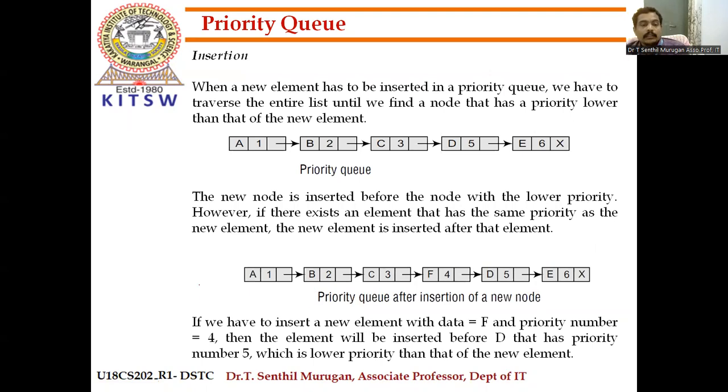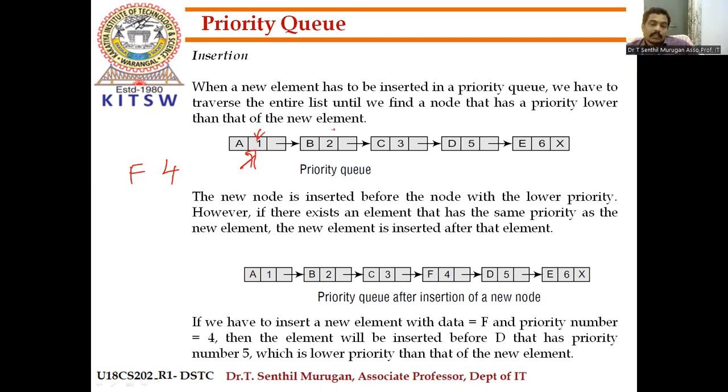Okay. So how can we insert an element in the priority queue? Whenever a new element has to be inserted in the priority queue, we have to traverse the entire list until we find a node that has a priority lower than that of the new element. First we will check what the priority is. Suppose I insert the element F with priority 4. So what do I have to do? I have to traverse. First I check the priority: here 1. Okay, less.